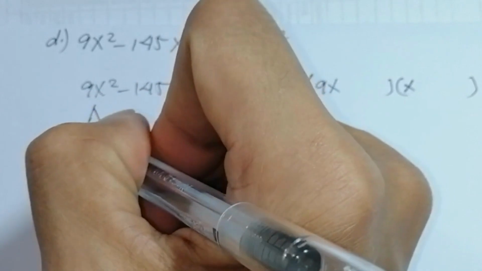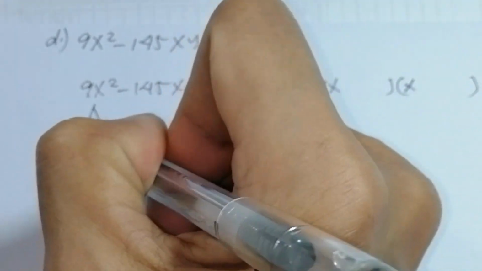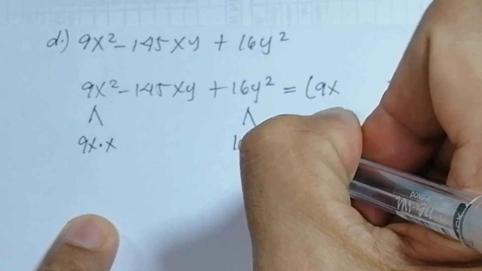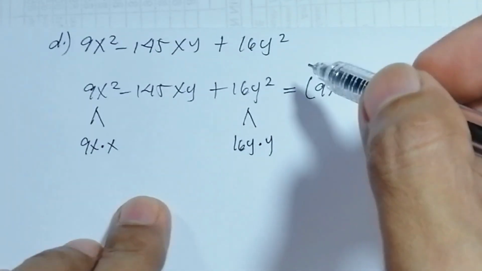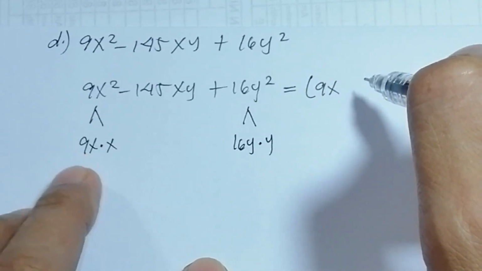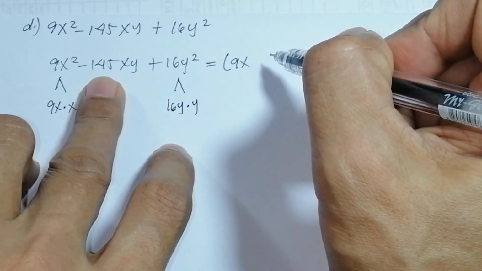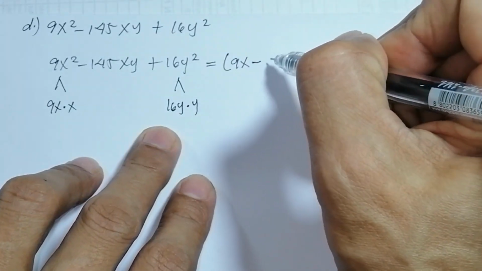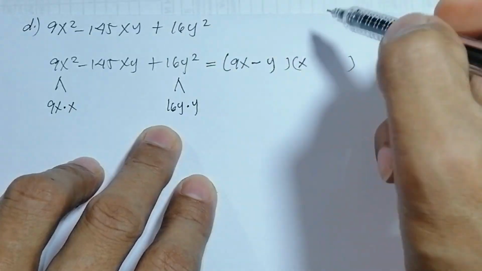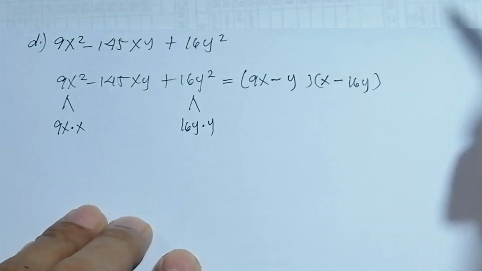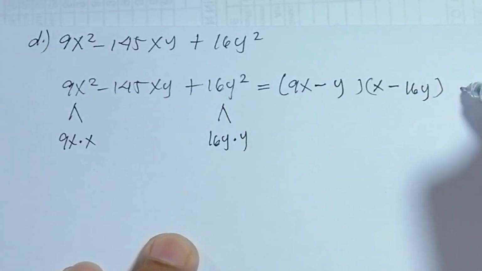This will be like this, 9x times x, and this one is 16y times y. We're going to write it negative because this is negative. If we multiply this, we get the product of 145xy. So we just write negative y, this one, y, minus 16y. Okay, so this will be the answer.